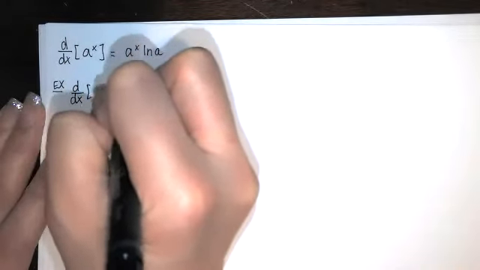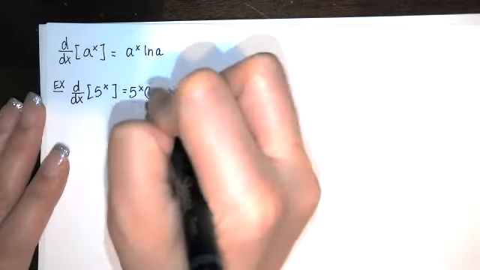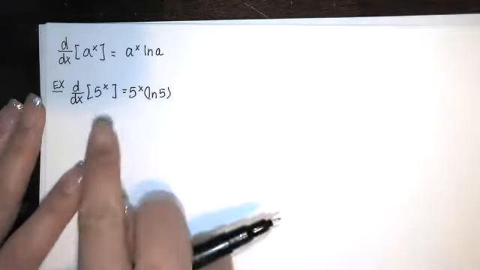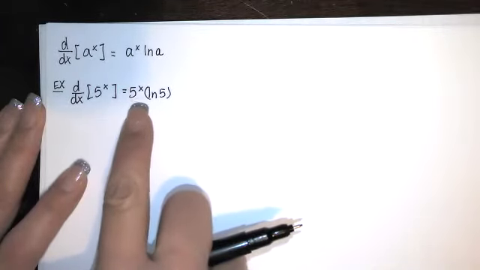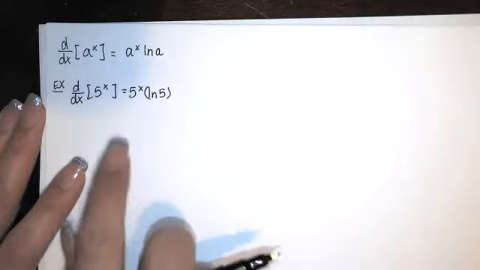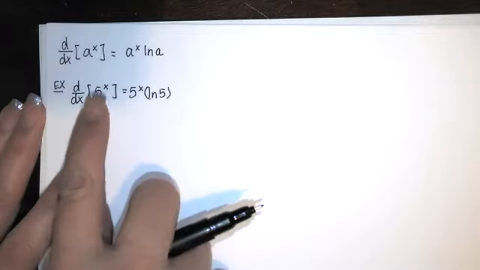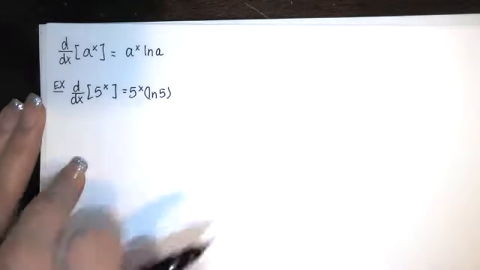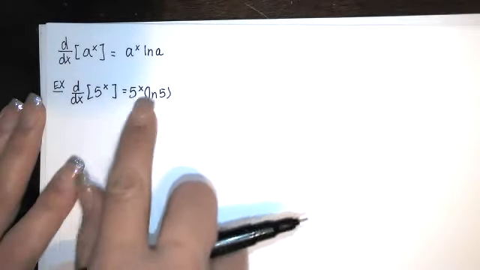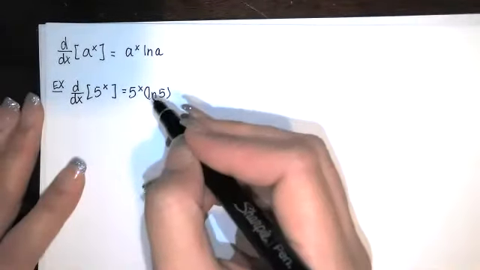The derivative with respect to x of 5 to the x is exactly the same exponential times natural log of 5. So the slope of this graph is exactly the same as that graph, but we have to multiply by this extra constant, natural log of 5. The derivative, or the rate of change of this one, is proportional to the original function. And that constant of proportionality is natural log of 5 for this specific example.